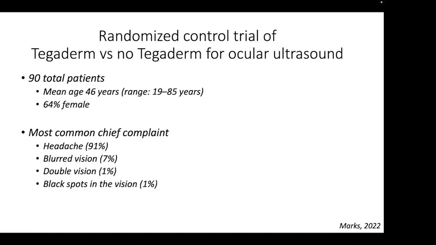The most common chief complaint for which the providers were performing ocular ultrasound was headache at 91%. Blurred vision, double vision, and black spots in the vision were also some of the relevant chief complaints. They randomized patients to receive Tegaderm on either the left eye or the right eye, with the contralateral eye serving as the control for the patient.